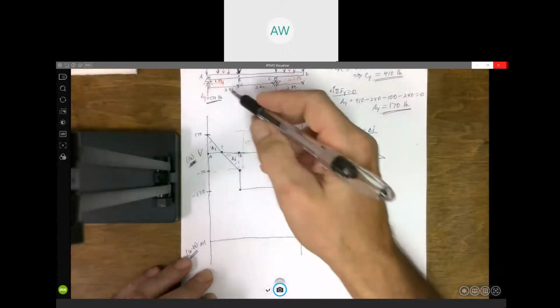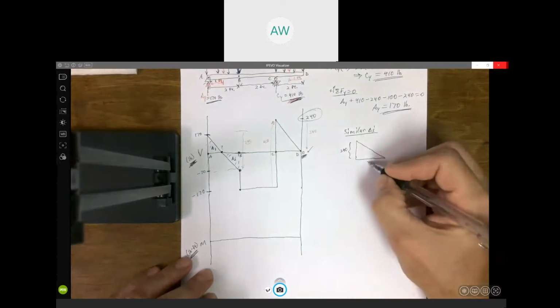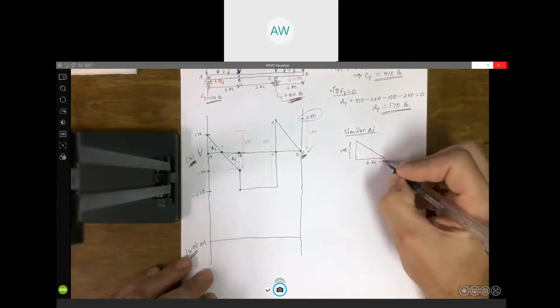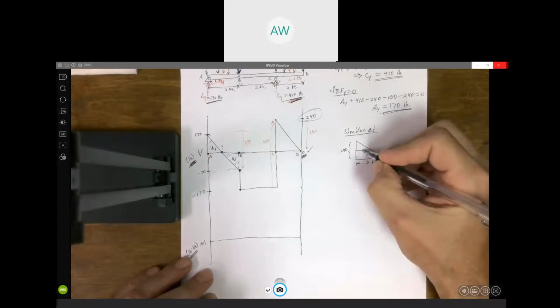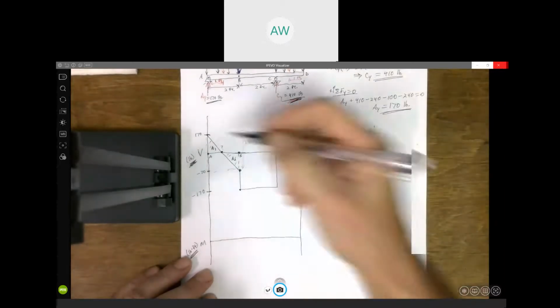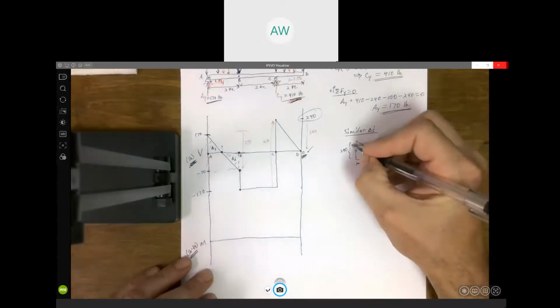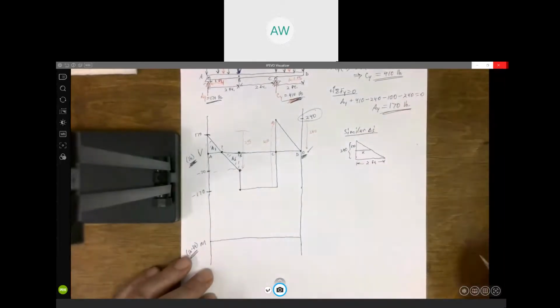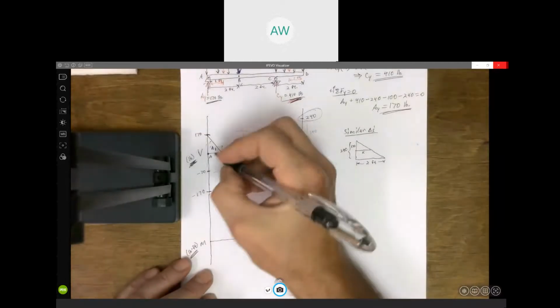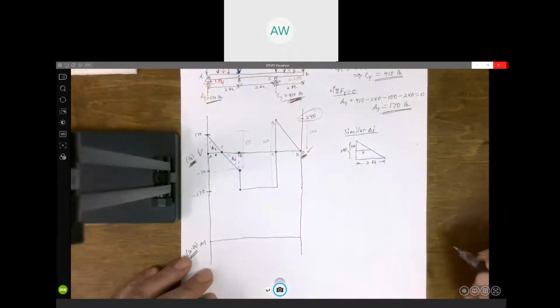And this is a total of 2 feet across here, from here to here. So I want to know, if this is 170, what is that? That's what we're trying to calculate. What is this distance x right here?